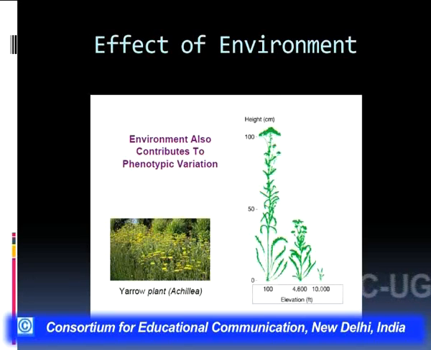Now, depending upon the elevation, that is the altitude at which this plant is growing, if a plant population is taken say from 100 feet above sea level, plants have been recorded which are up to 1 meter high. That means it is a case of luxuriant growth. As the altitude increases, so say for example to 4,600 feet, the size becomes smaller and smaller.